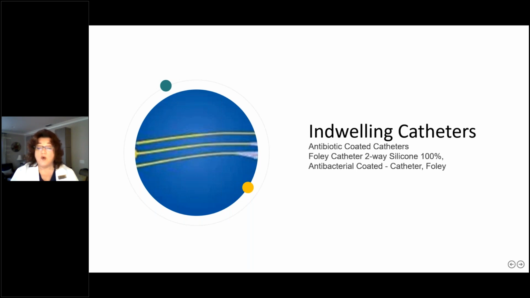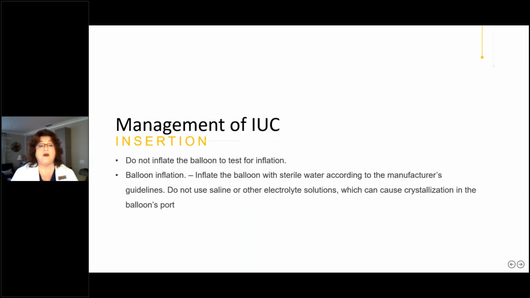There are many, many more, and I didn't put every one of them in here because that would make this way longer than it should be. So you can certainly look into those. But yes, the antibiotic-coated one is very, very nice, antibacterial-coated as well.